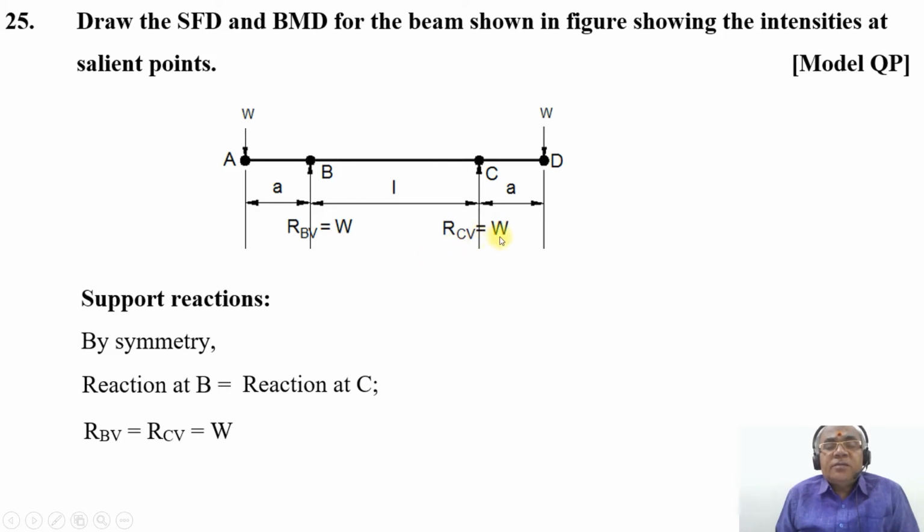What is RCV? RCV is W. Substituting the value of RCV as W, 2W minus W is going to be W. Therefore, RBV will also be W. So this is how we can analyze it completely through the moments.